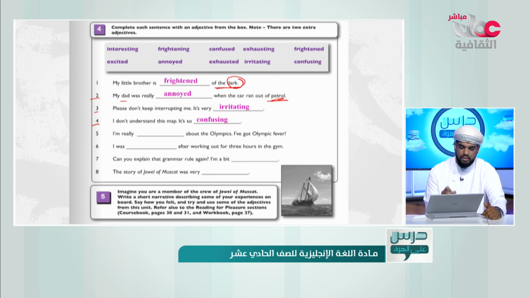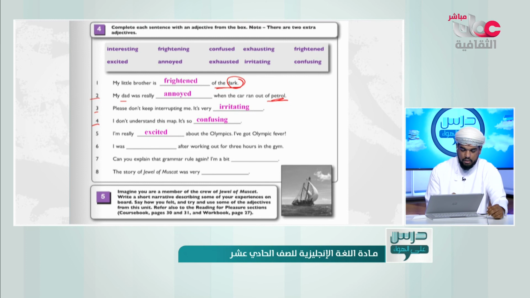But when we describe the map, it's confusing. Number 5, I'm really excited about the Olympics. I've got Olympic fever. So I'm really what? I'm excited about the Olympic Games. So the Olympic Games is what? Exciting. The Olympic Games are exciting.